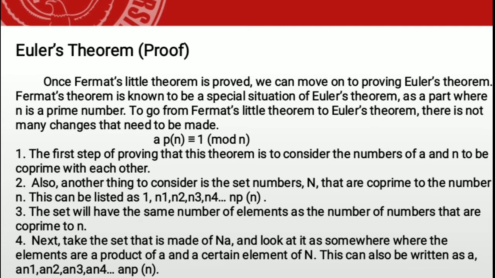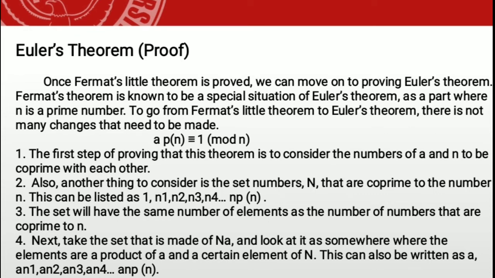The set will have the same number of elements as the number of numbers that are co-prime to n. Next, take the set that is made of a times n and look at it as a set where the elements are a product of a and a certain element of n.